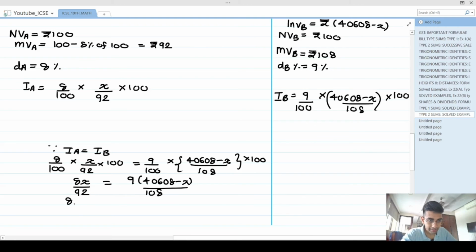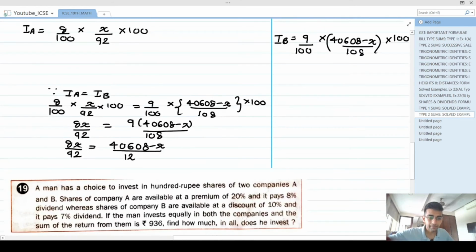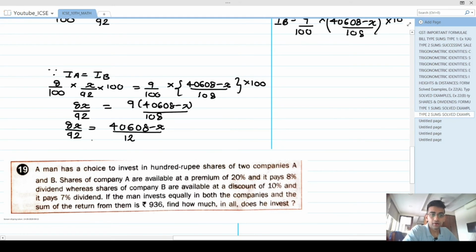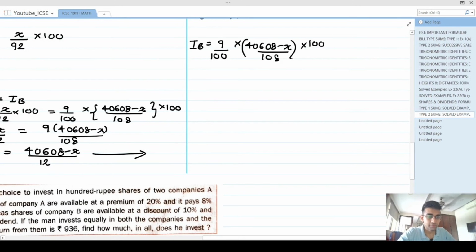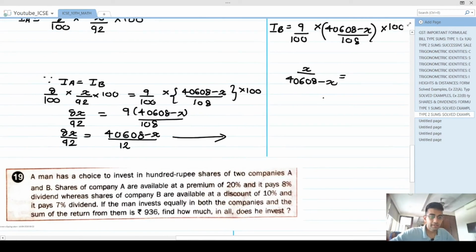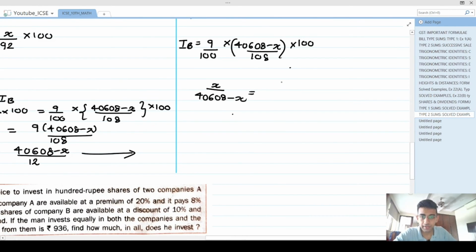So we get 8x upon 92 is equal to 40608 minus x upon 12, because 9 12s are 108. Now we calculate this. So we get x upon 40608 minus x is equal to 92 upon 12 into 8.